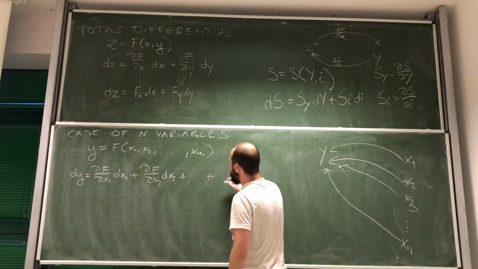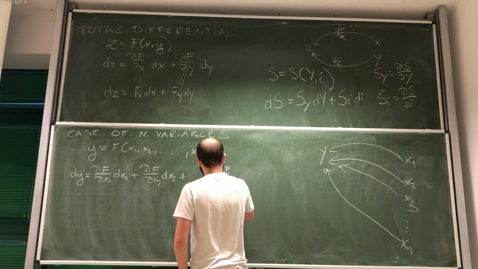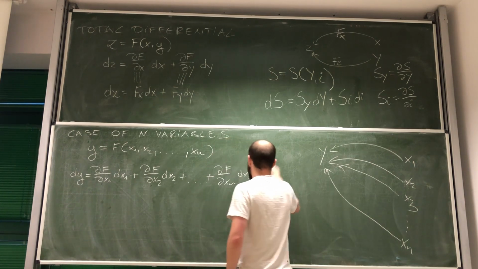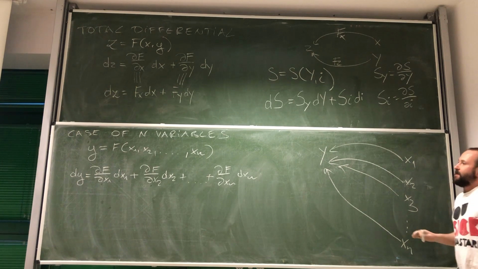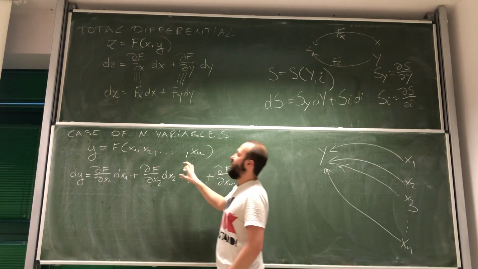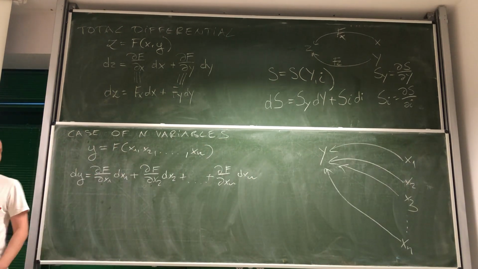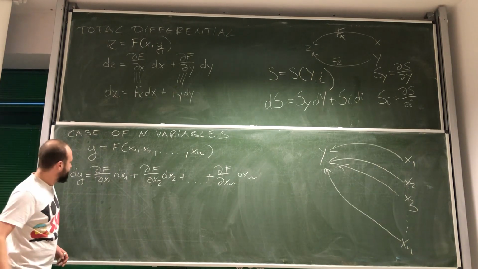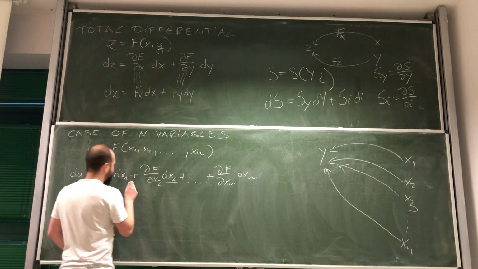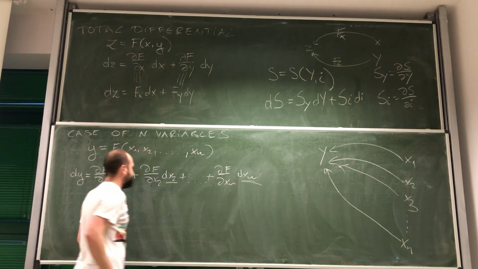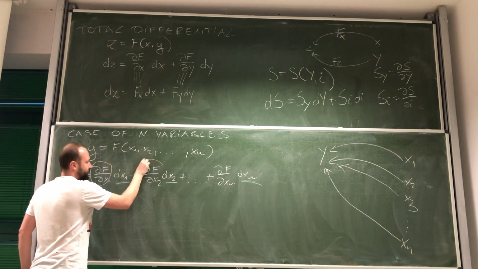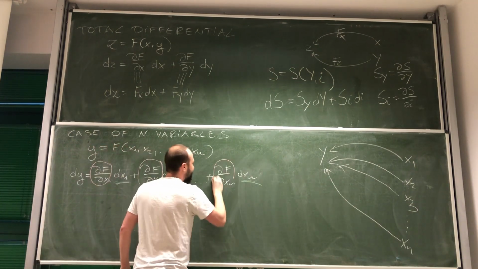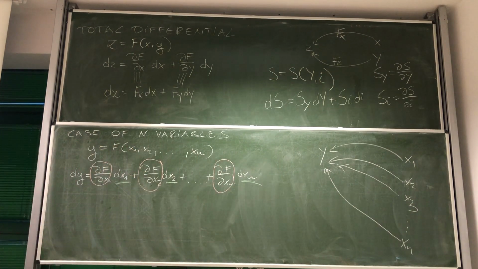And we go on like this until the last variable, df dxn times dxn. So look, this expression is putting down all possible sources of change of y, so all the independent variables here, while partial derivatives that we see over here are showing us what is the impact of changing each of these individual variables on y.